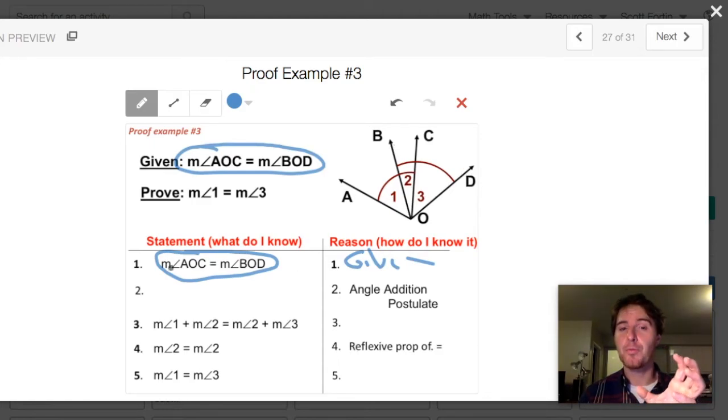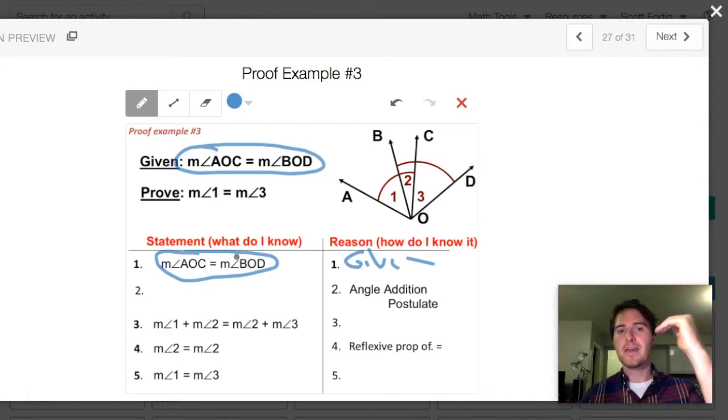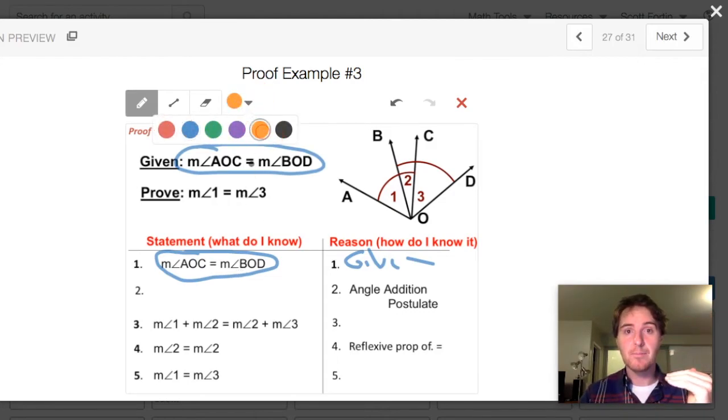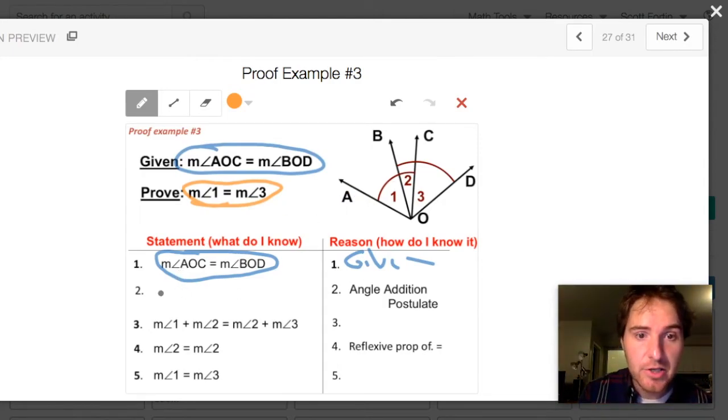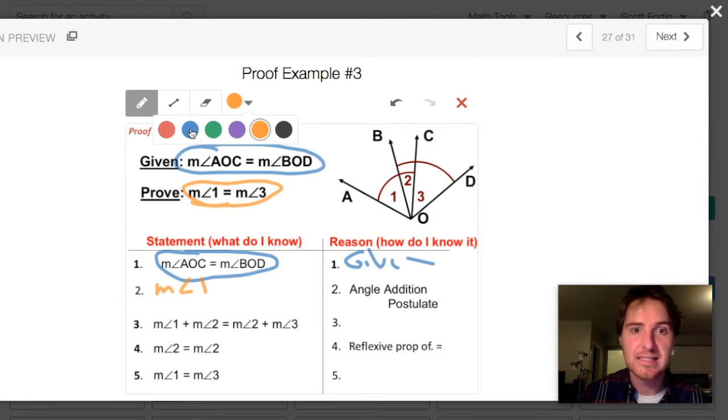Okay, so then we're talking about something in step 1. A really good step of a proof is when you're talking about stuff that came earlier and is also going to come later, which is this right here. So check it out. With the angle addition postulate, what will really help me is if I say measure of angle 1. That's good because that's going to be in my conclusions.